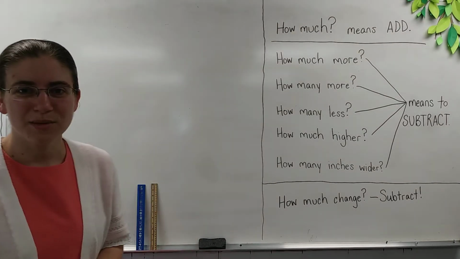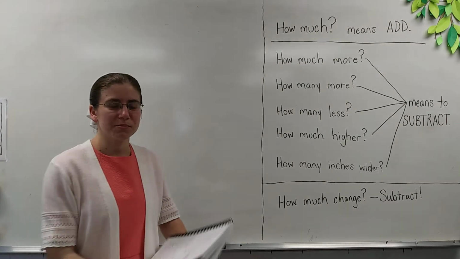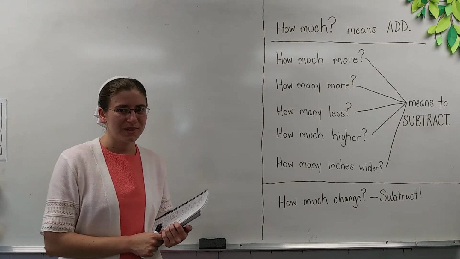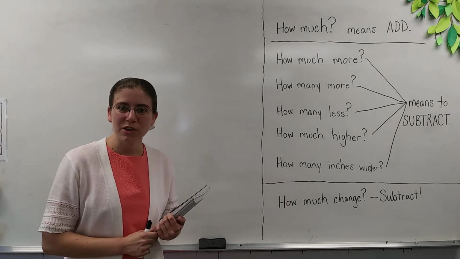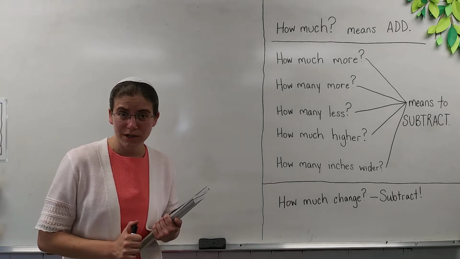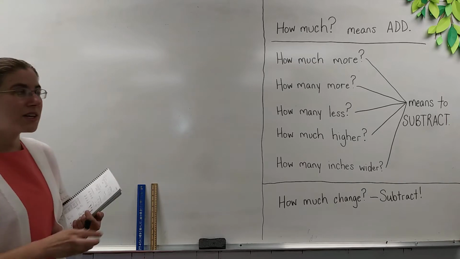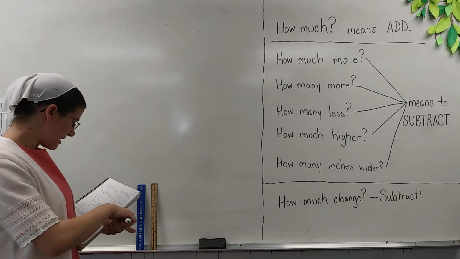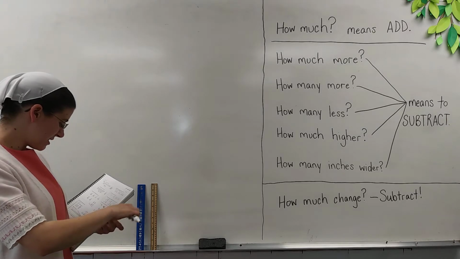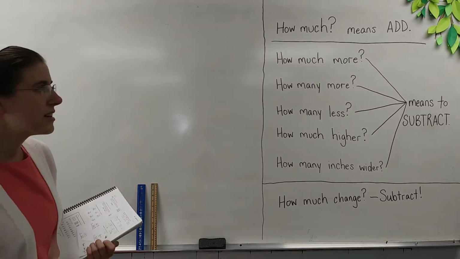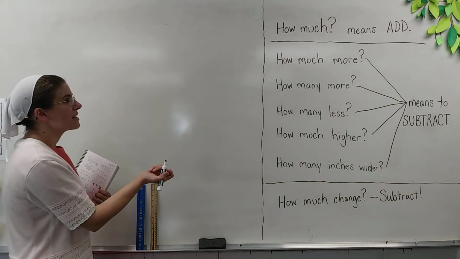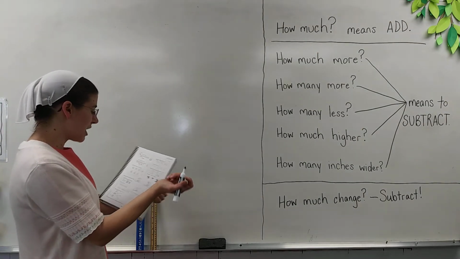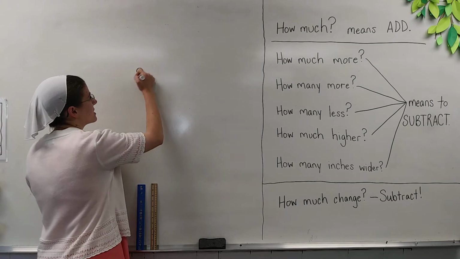And when we subtract, do we put the smaller number on top or the bigger number on top? We have to put the bigger number on top or we're going to run into a problem. So here is an example. Let's say that something cost $2.65.